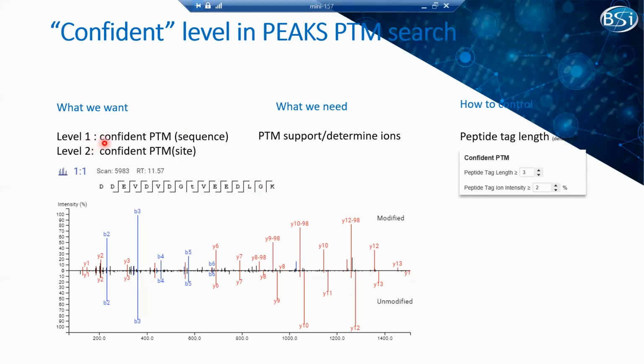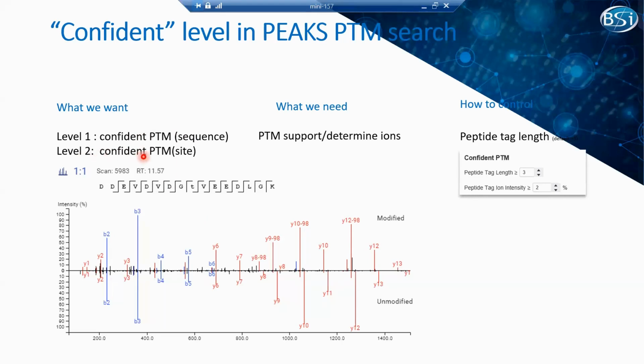The first level is the confident PTM sequence, which we usually assess by the search score. For PEAKS, we have the PEAKS score, which tells us whether this PSM is right. If the PSM is right, we say this sequence is right. The second level is the site.